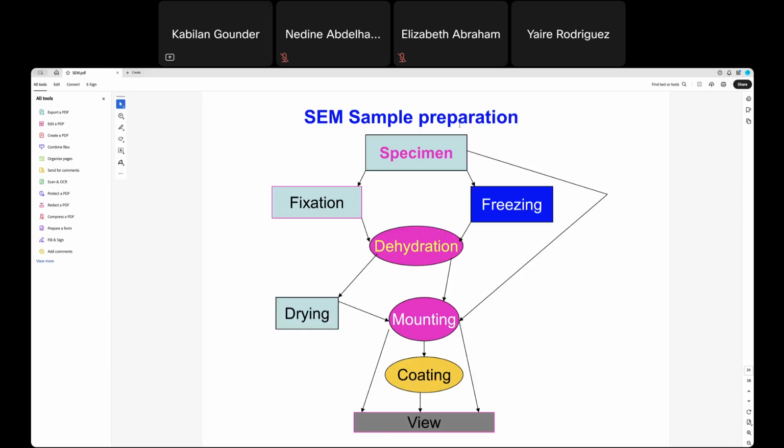So when you look here, if you have a sample that does not require fixation, that means there are no biological materials. These are things that you can directly mount on the stub, which is to hold your sample.